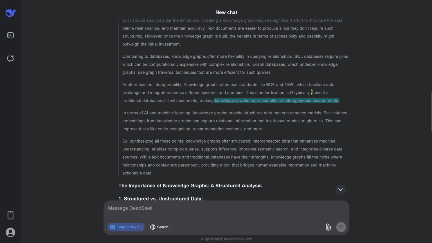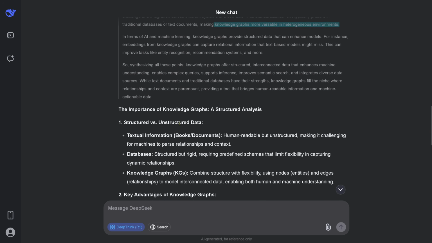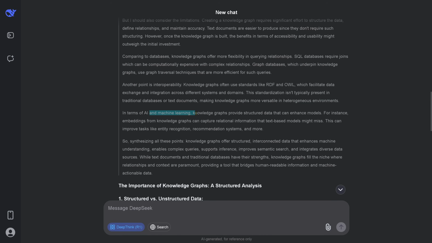So you see, in terms of AI and machine learning, knowledge graphs provide structured data that can enhance our LLM models. For instance, embeddings from a knowledge graph can capture relational information that text-based models might miss. This can improve tasks like entity recognition, recommendation systems, and more.